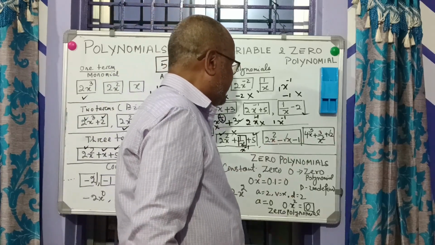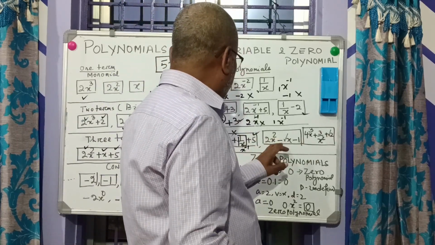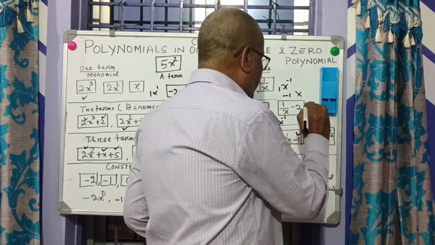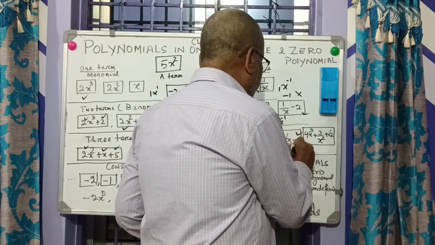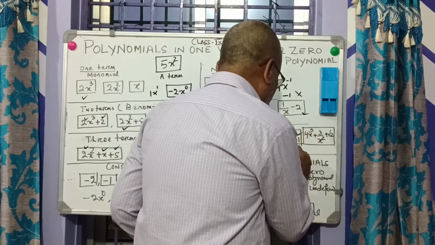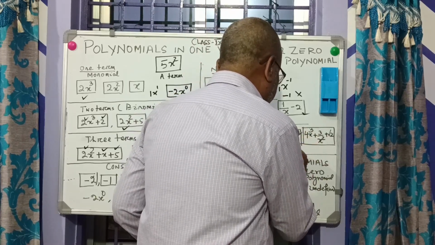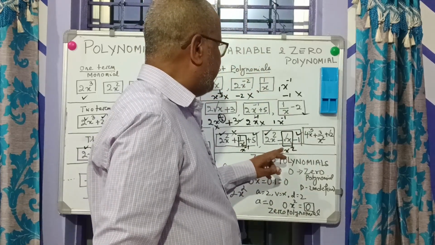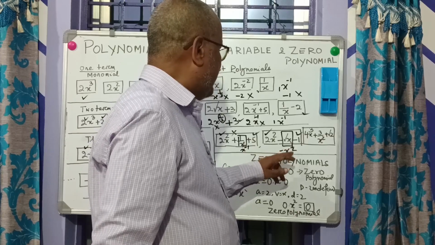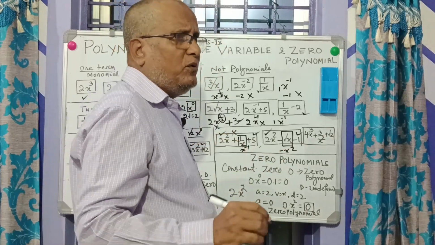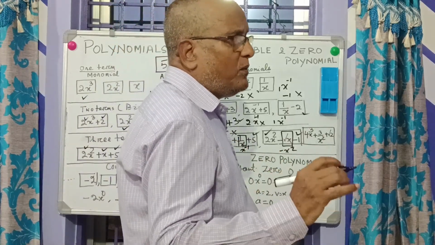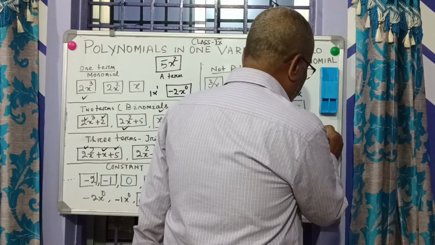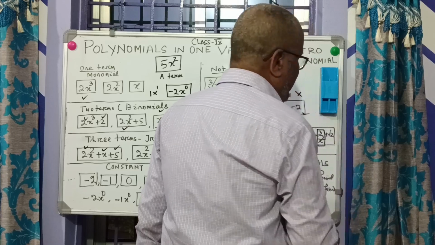And look at this: 2x square minus root x, 1. This term satisfies, but for this term we can write x power half. Here the coefficient is minus 1, variable x, and degree is 1 by 2, a rational number, not a whole number. So it doesn't satisfy. Similarly, this term doesn't satisfy.